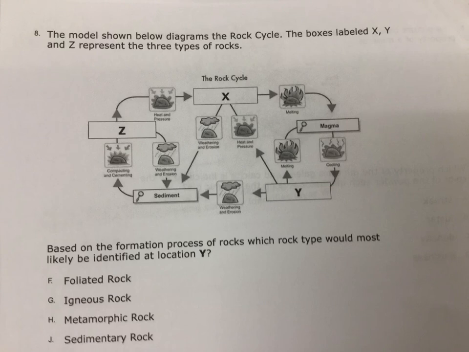So you want to go ahead and take a look at location Y. And then again, the question said, based on the formation process of rocks, which rock type would most likely be identified at location Y? F, foliated rock, G, igneous rock, H, metamorphic rock, or J, sedimentary rock.